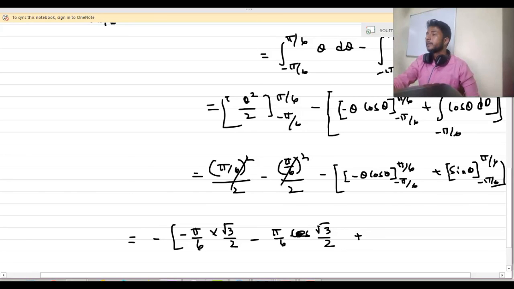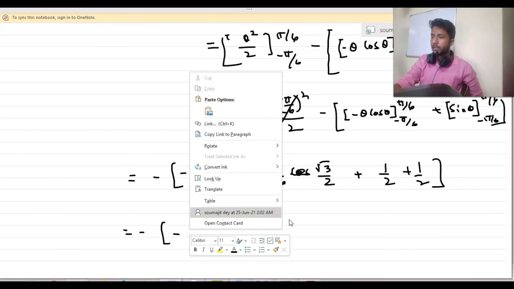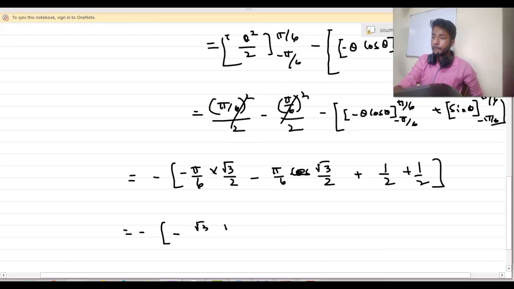Okay, plus sine theta at theta equal to pi by 6 is equal to half, and sine of minus pi by 6 gives again half. So we can write it as minus root 3 pi by 6 plus 1, so this is equal to root 3 by 6 pi minus 1.